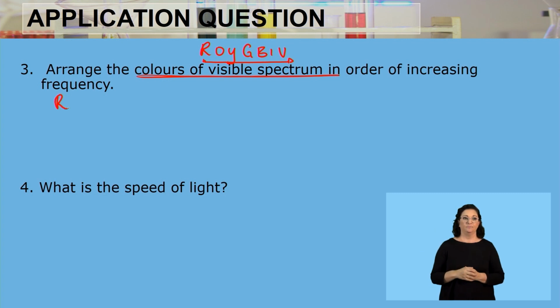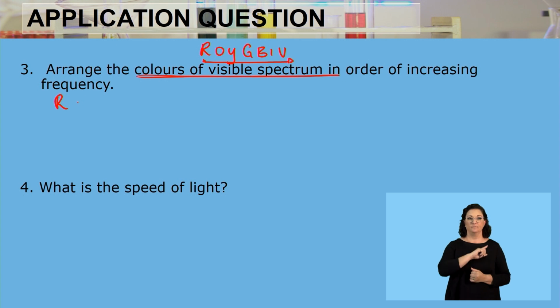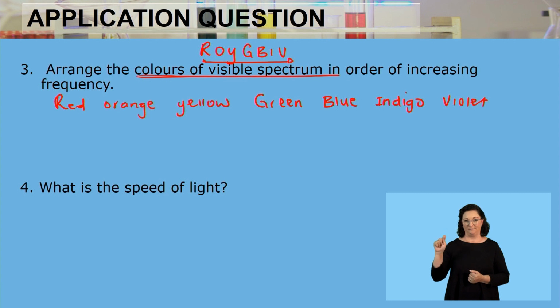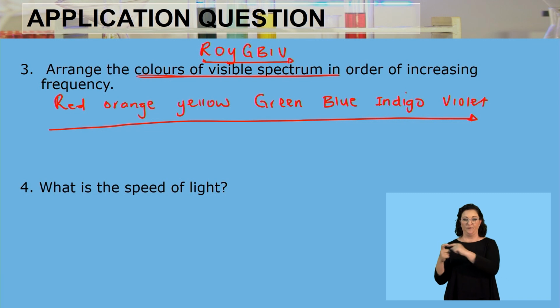So let's just write them in full: red, orange, yellow, green, blue, indigo, and violet.